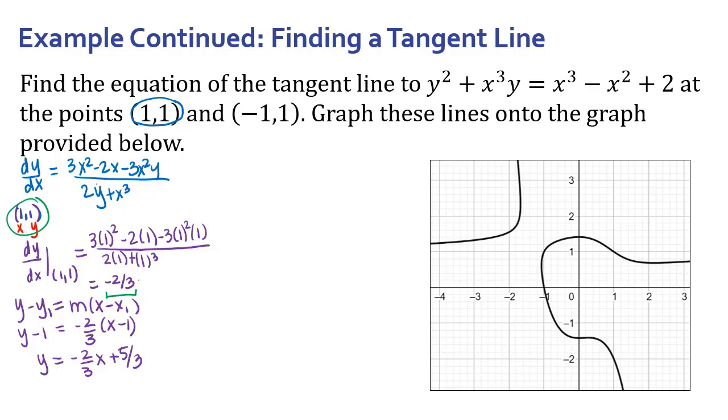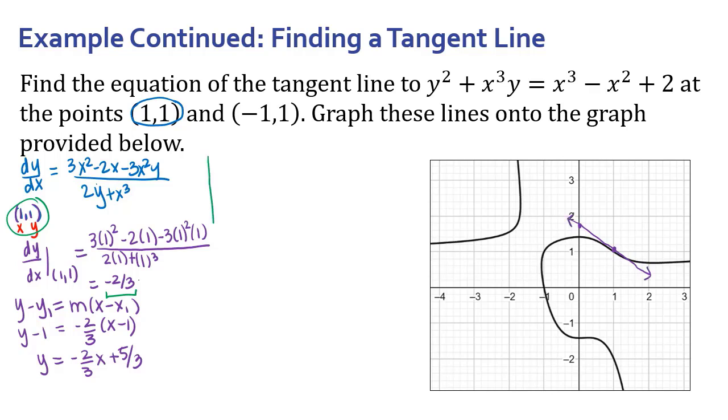If I were to graph that, let's find the point (1, 1). The y-intercept is about 1 2/3, because 5/3 is about 1 2/3, so that's right here. Then you go down 2/3, and it looks like it's exactly what it should be for that slope of the tangent.